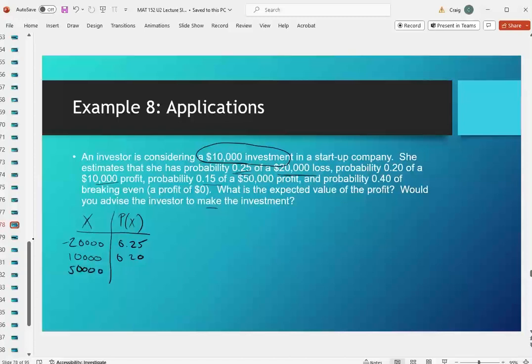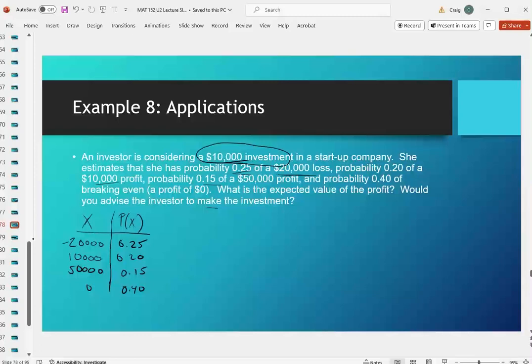There's a possibility of 50,000 at 0.15. And then there's a 40% probability that you just break even, that you don't make anything. Okay, we're talking about profit here. That's why we're not going to consider this investment. We'll talk about the investment in a second. I confused myself with this question.